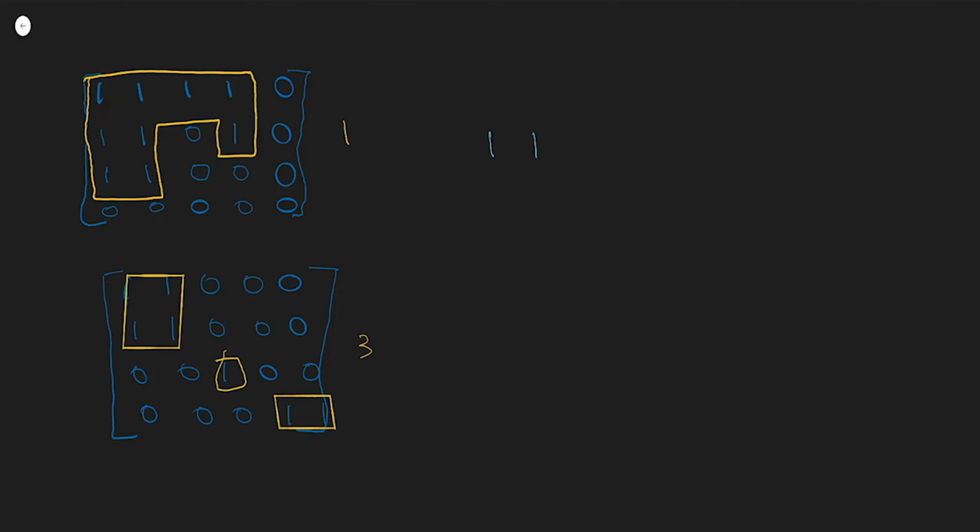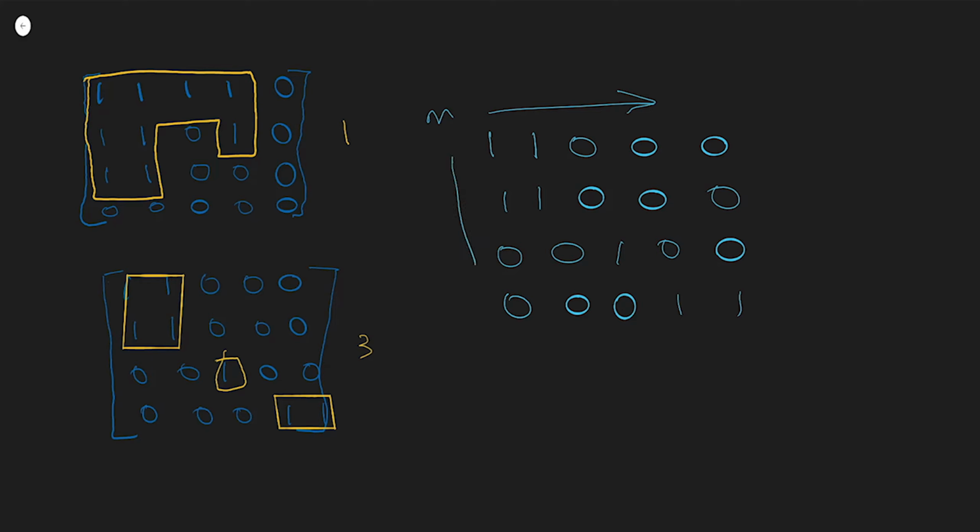So if we have 1 1 0 0 0, 1 1 0 0 0, 0 0 1 0 0, 0 0 0 1 1, m is going to be this way and n is going to be this way. I will start traversing my graph representation from left to right and from top to bottom.